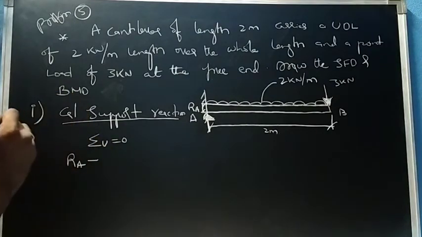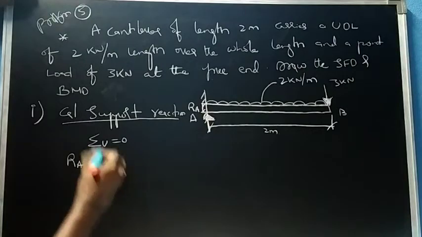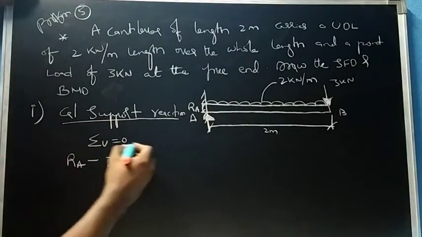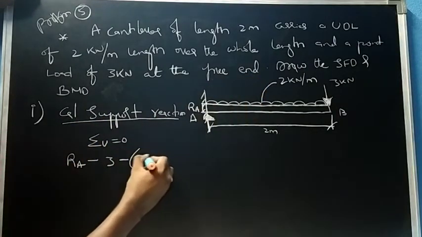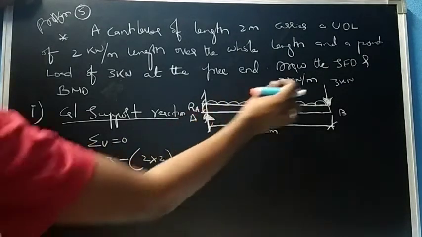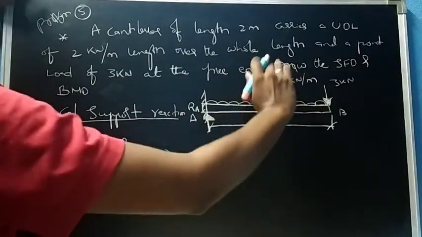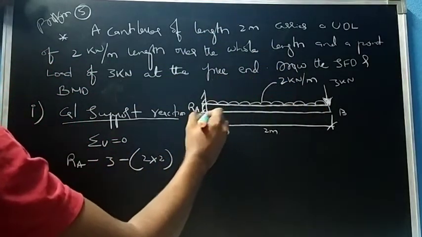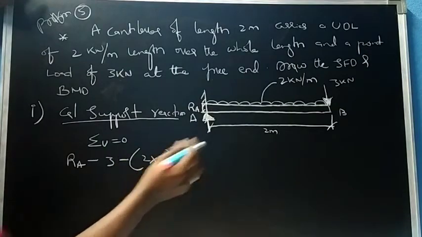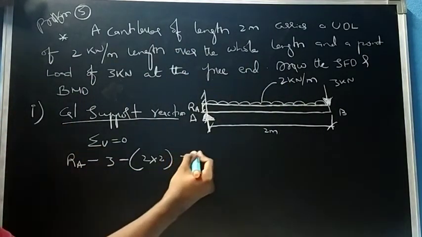RA minus, I will take this point load, that is 3, minus 2 into 2 meters. That 2 is a uniformly distributed load acting downwards, opposite in direction to RA, that's a minus, into the whole length, that is 2 meters, equals 0.